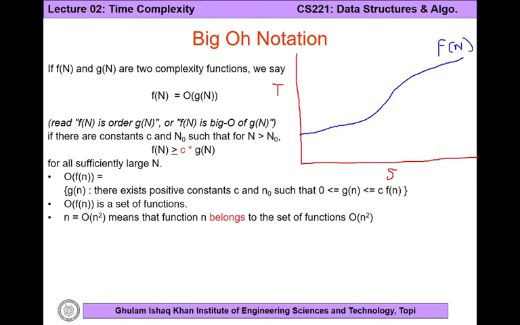I'm not mentioning any particular function here, but this line represents f of n. And then we have another line, and this green line represents g of n. Now this s represents the size of the input, and t represents the time.